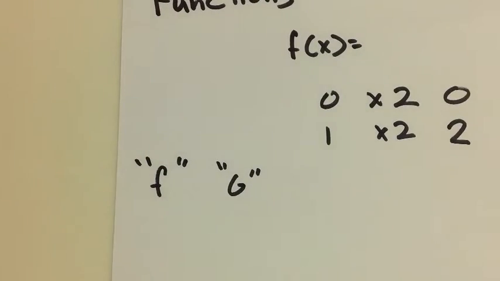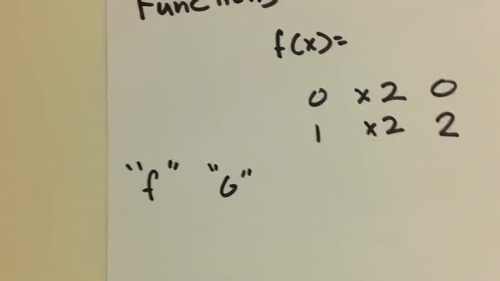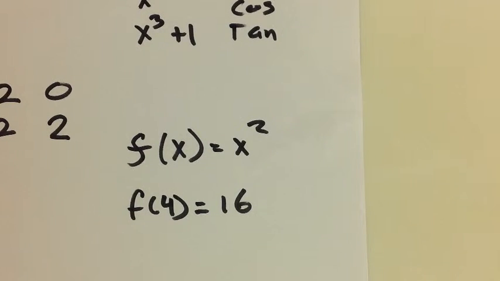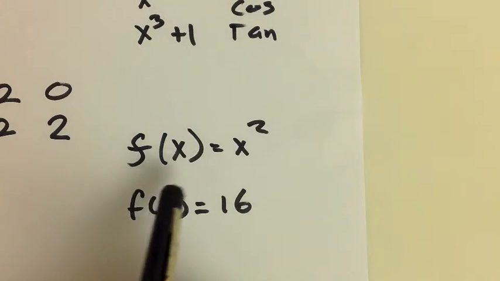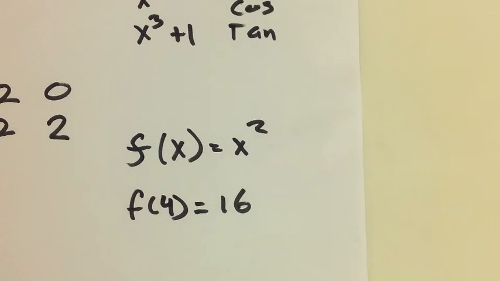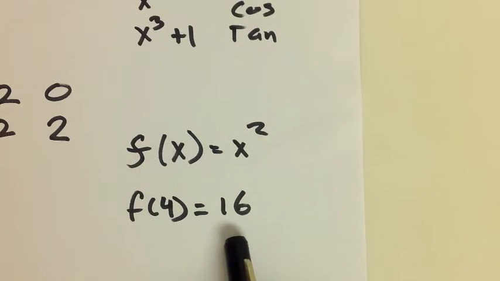Also remember, the most common are f and g, but you can also change it up and put j or z or however many more functions you need. An easy concept is f of x equals x squared. So the function name is f, our input is x, and x squared is what to output. As an example, the function name is f, input is 4, output is 16.